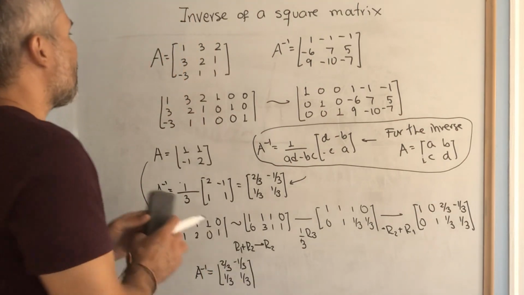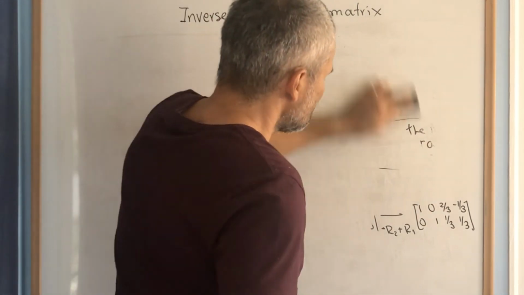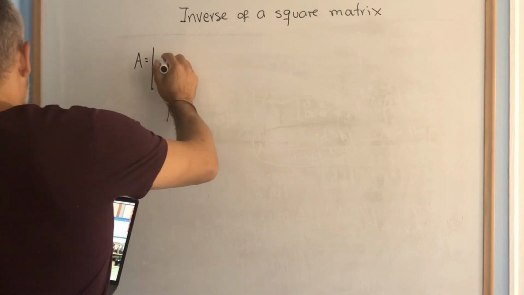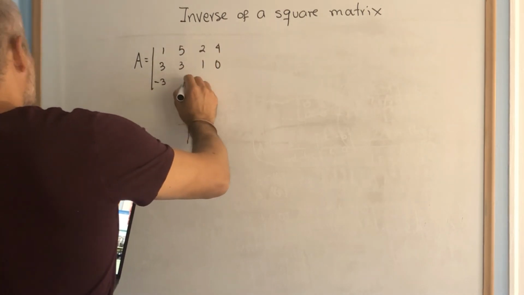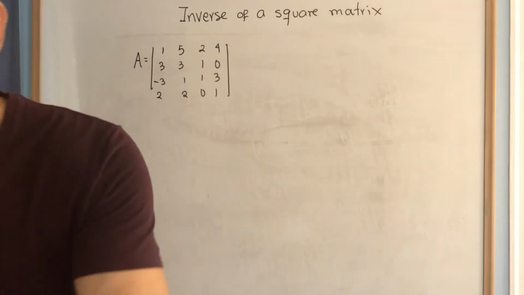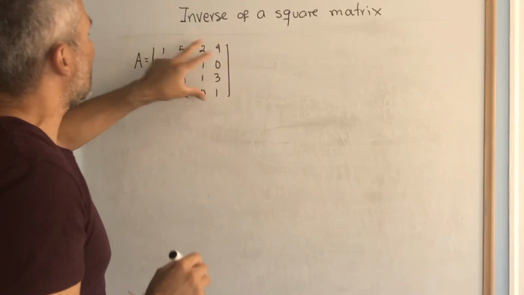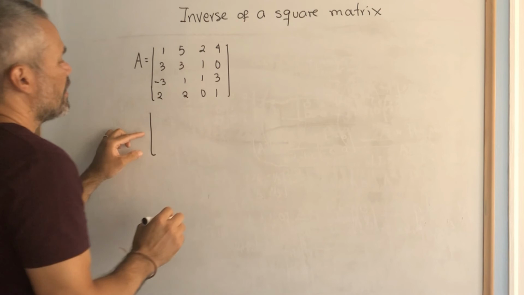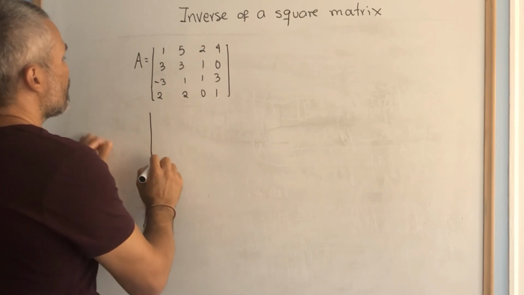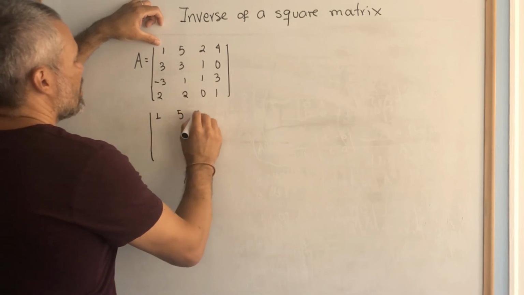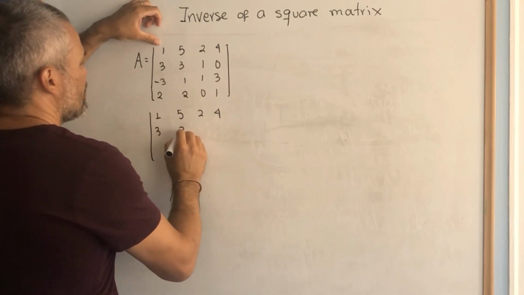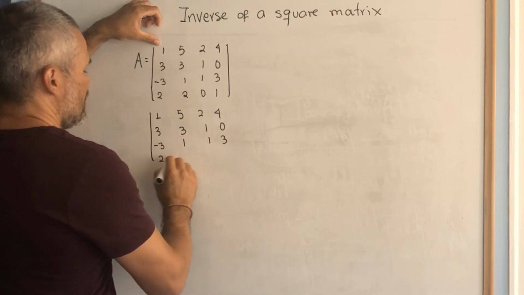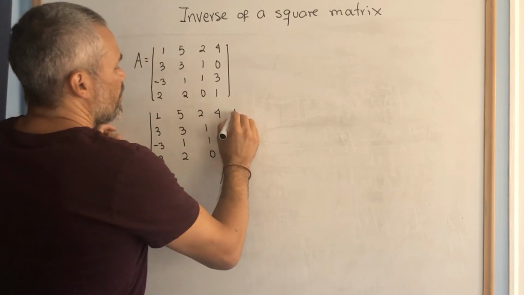Let's do one last example. If this is our matrix A, then to compute the inverse, we need to find the reduced echelon form of the following matrix: 1, 5, 2, 4, 3, 3, 1, 0, negative 3, 1, 1, 3, 2, 2, 0, 1, and then we add the identity here.